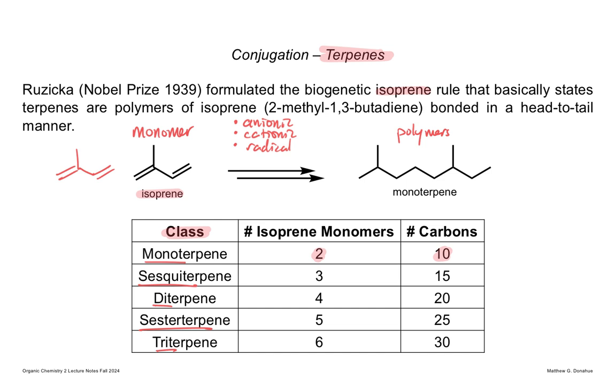So in, let's just say a cationic, if we were to treat isoprene with an acid, so H+, that specific pi bond would react because that would form a tertiary carbocation. So you would do an H, you'd get a tertiary carbocation. And we know that this can have a resonance form because it's allylic.